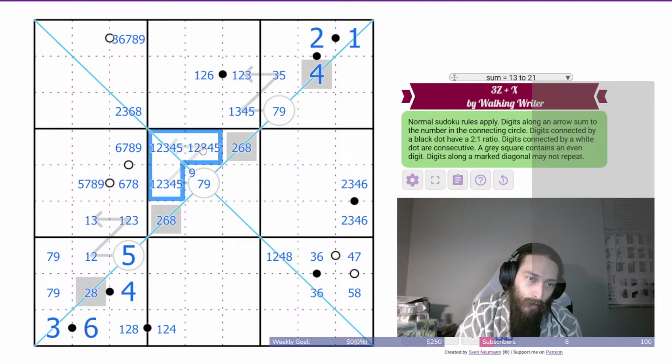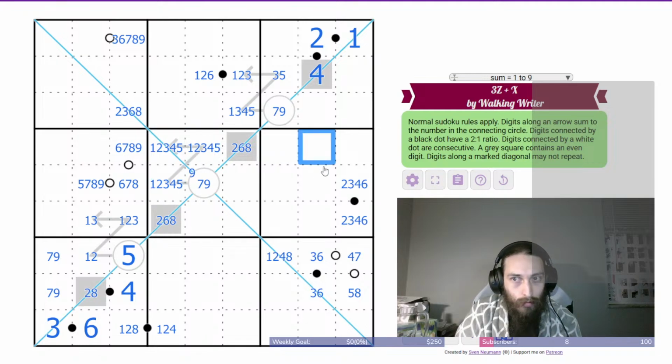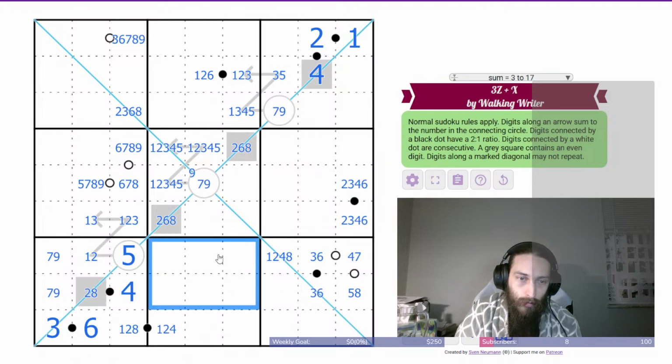Which would force 1 in here now. Oh. 3, 6, 3, 6.